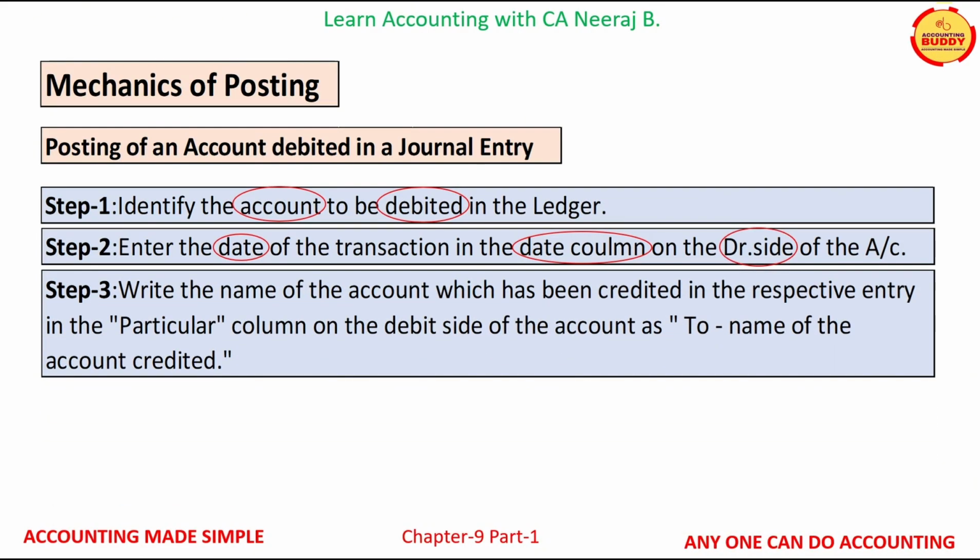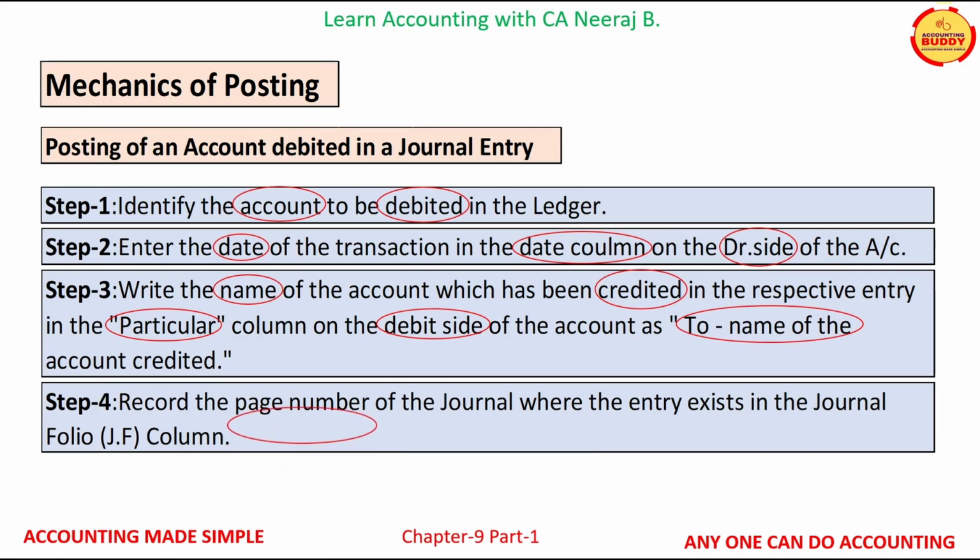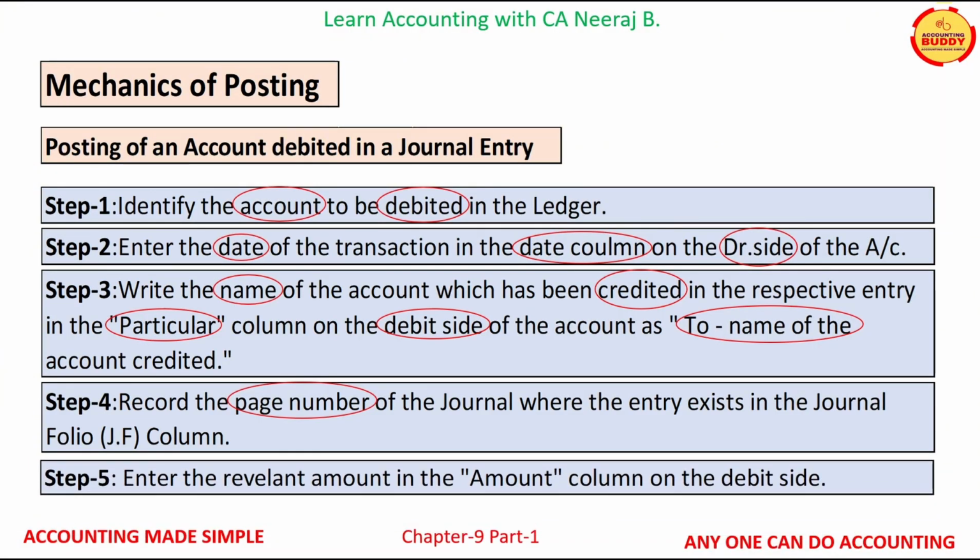Step 3, write the name of the account which has been credited in the respective entry in the particulars column on the debit side, by writing the word "To" followed by the name of the account to be credited. Step 4, record the page number of the journal where the entry exists in the journal folio column. Step 5, enter the relevant amount in the amount column on the debit side.